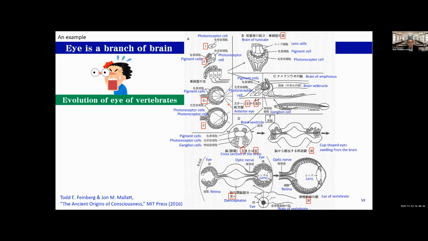Our eyes are a very good example of this. The eye started with the photoreceptor cell and combined with the pigment cell. And finally, we got the lens cell. In the early stage, the eye was near the surface on the top of some fish or something like that. But the eye actually popped out from the brain, like this.